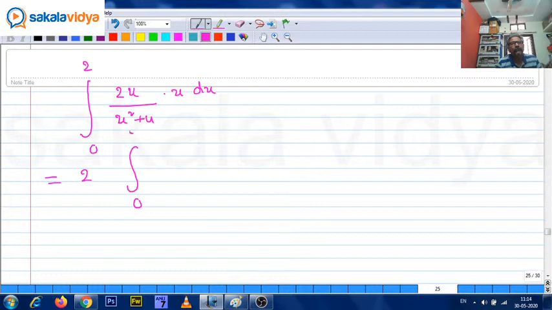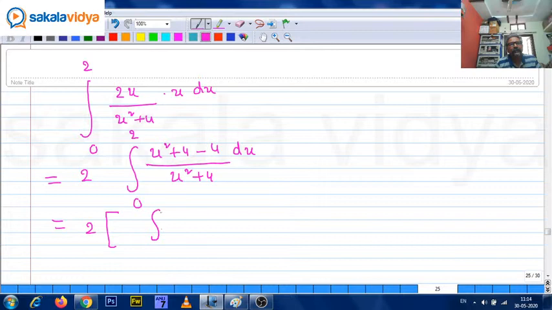Integral 0 to 2, this is u square, add 4 and subtract 4, over u square plus 4 du. This is 2 times, now separate the integral: integral 0 to 2 of (u square plus 4) by (u square plus 4), 1 du, minus integral 0 to 2 of 4 upon u square plus 2 square du.